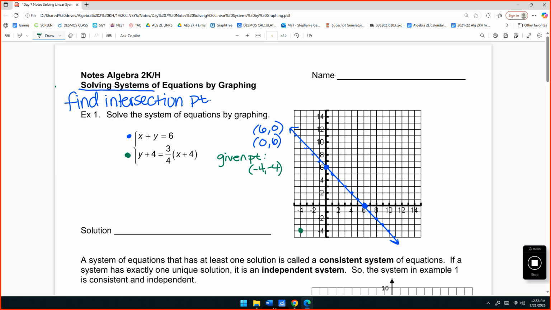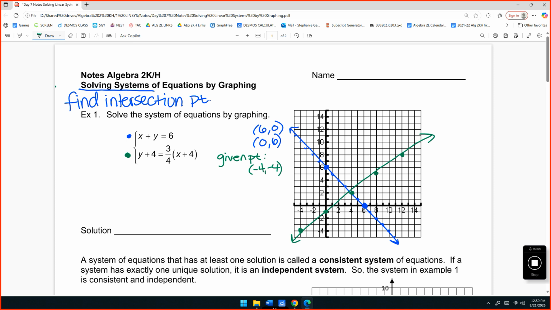So we're going to go up 3 and right 4. And even if you see the point where they meet, you still have to finish the line, okay? So up 3, right 1, 2, 3, 4. 1, 2, 3, 4. All right.